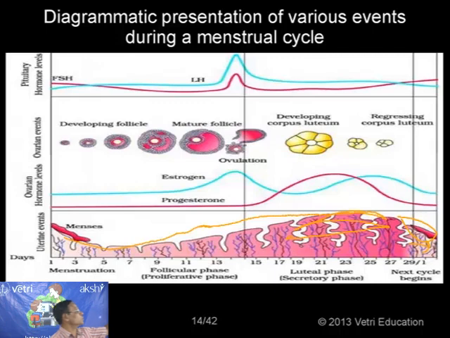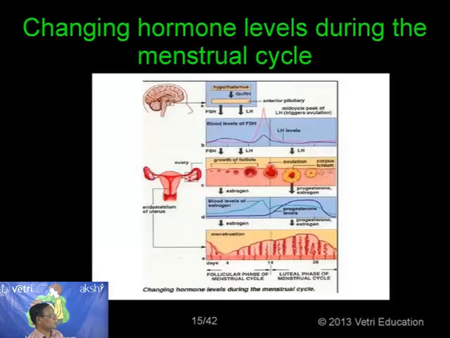One more diagram I show you, the same one presented in a different manner. This is the anterior pituitary secreting FSH and LH. You know that the anterior pituitary hormones are released because of the releasing factor from the hypothalamus.